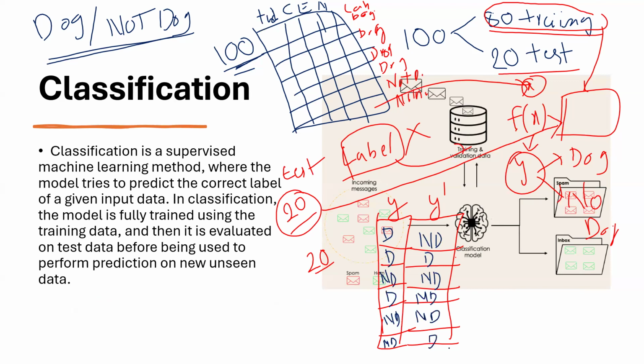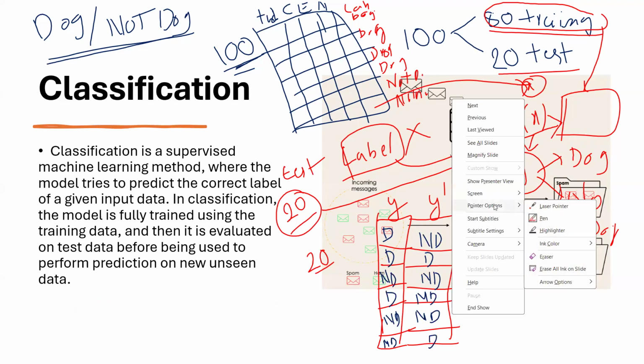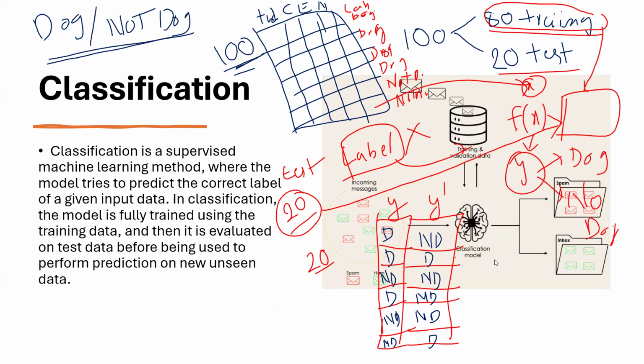So now, how is this model performing? The model performance will be determined by these differences. If you look at this particular output, this is a wrong output, this is a right output, wrong output, right output, wrong output.